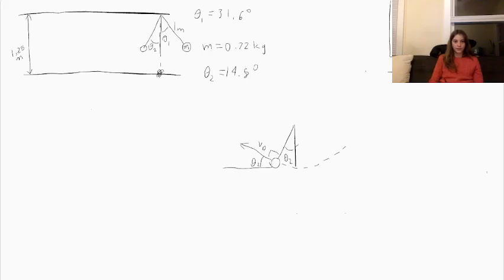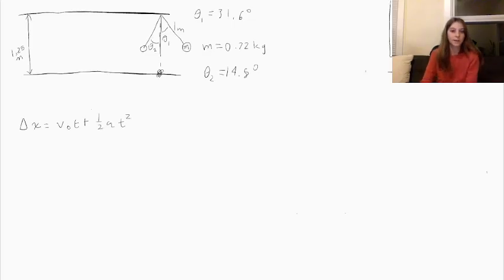So let's use our other kinematics equation, which is delta h, change in our height. Actually, no, I'll just say delta x is equal to v naught t plus half a t squared.